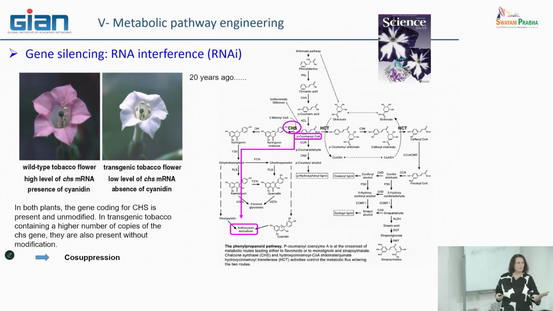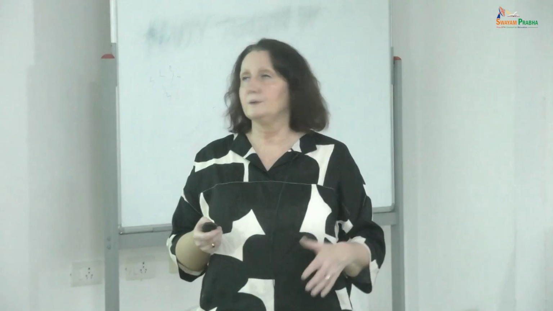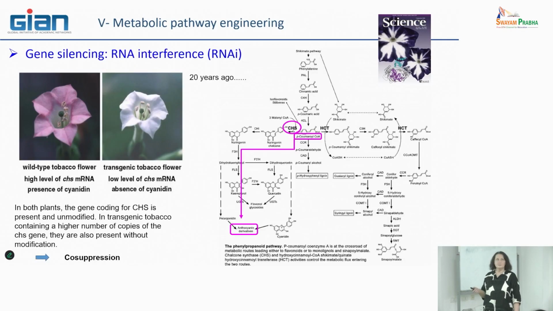So the idea was how we can manage some engineering in this plant in order to increase the amount of this enzyme, chalcone synthase, in order to orient the flux to this particular part of the complex branch. They did something really simple.